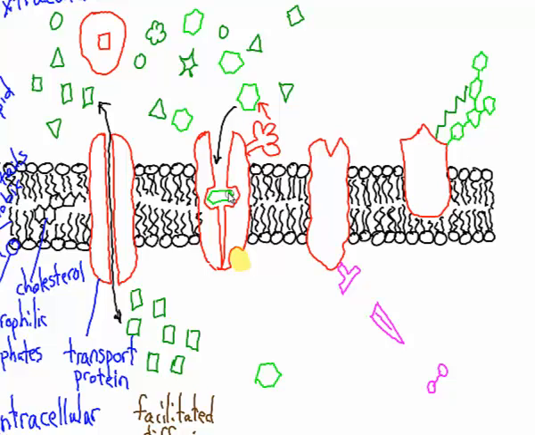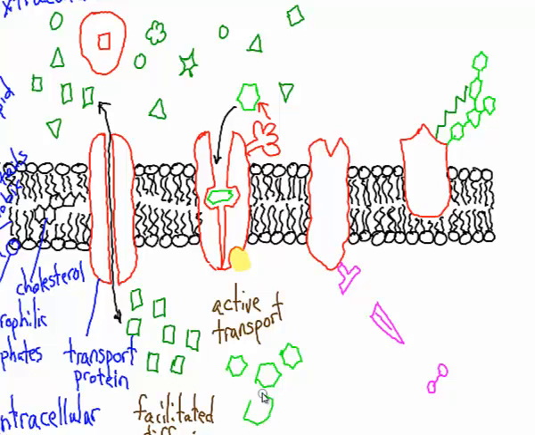Even though there may be a lot already in the cell, it can continue to bring more in, which would be against what diffusion would like to do. So this process requires energy from the cell, and it's called active transport. But it can result in the bringing in of many molecules into the cell where facilitated diffusion wouldn't be able to accomplish that.